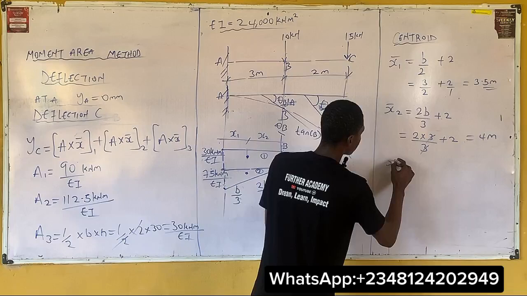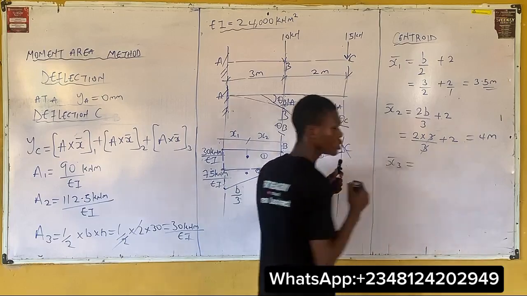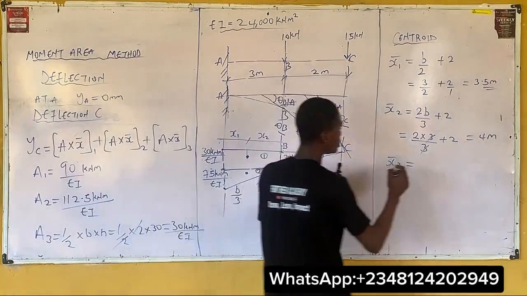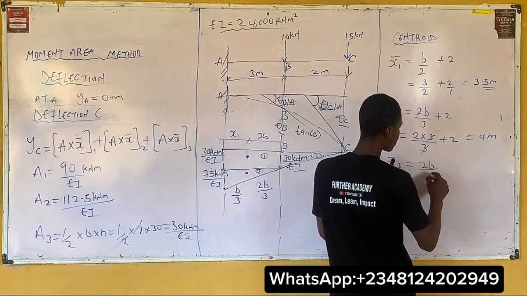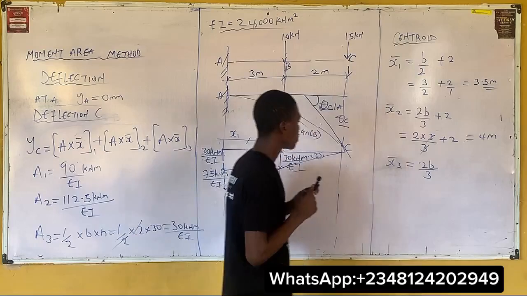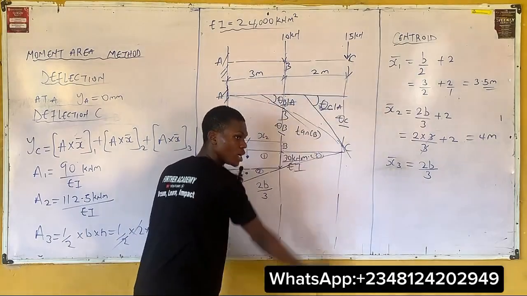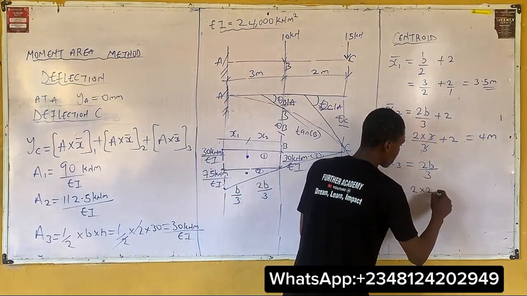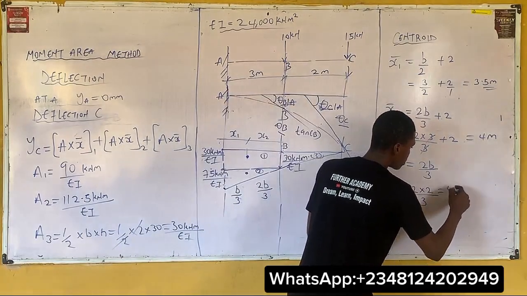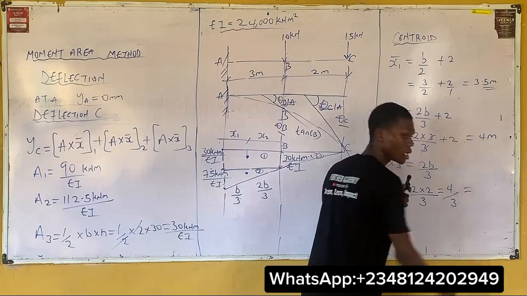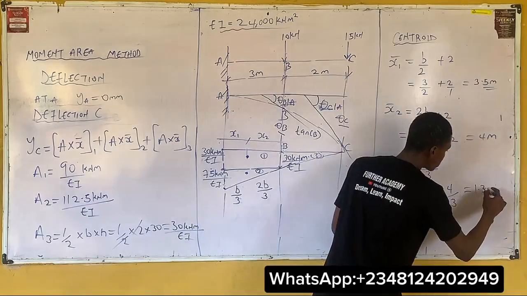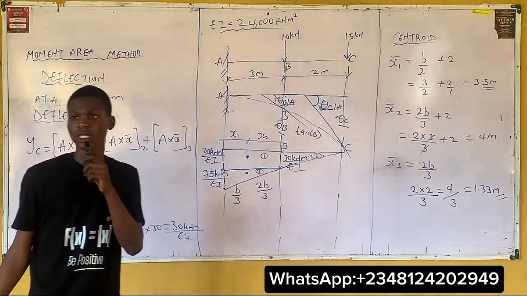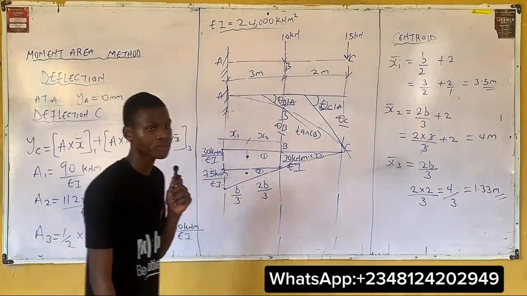Lastly, for the centroid of figure 3, what do you have? 2B over 3. Are you adding any distance to this? No, because you are at the extreme end, which is C. So substitute values. This becomes 2 multiplied by 2 over 3, which is equal to 4 over 3, and this gives you 1.33 meter. Any questions so far?